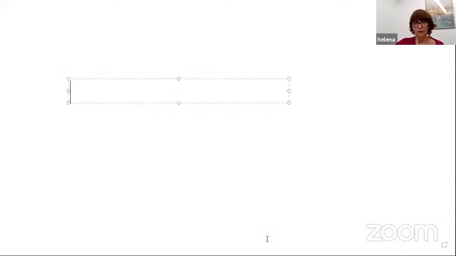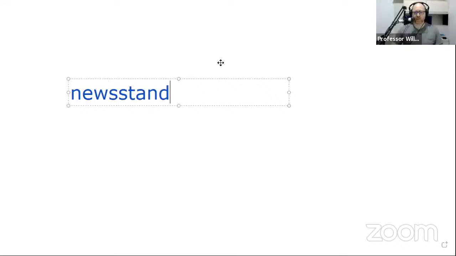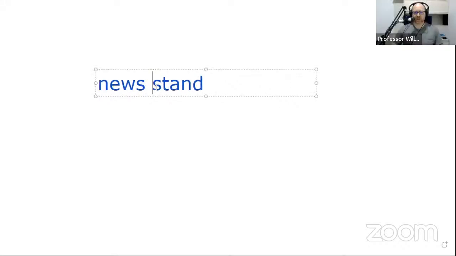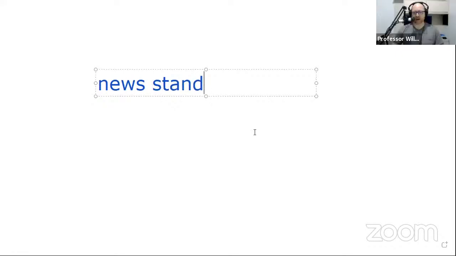So if it's in context, do you guys know what newsstand means? What a newsstand is? Newsstand. As notícias recentes. Good guess, but no. A newsstand, I'm not sure if it's together or separate because we don't have them where I'm from.